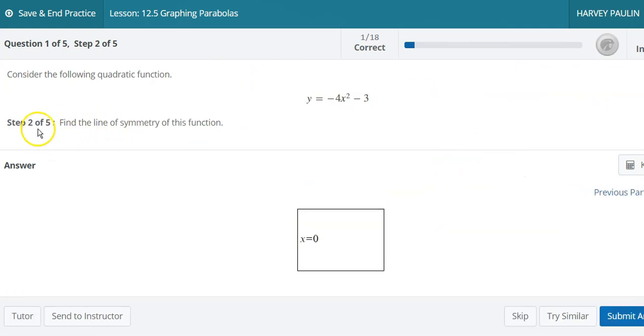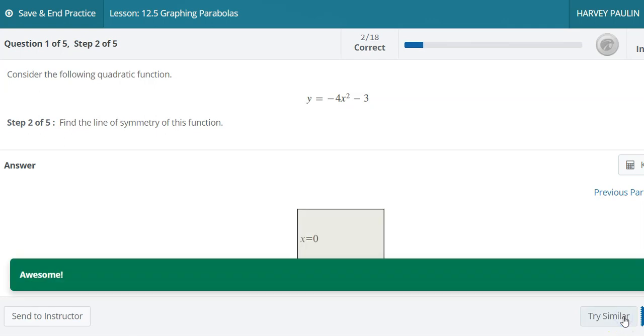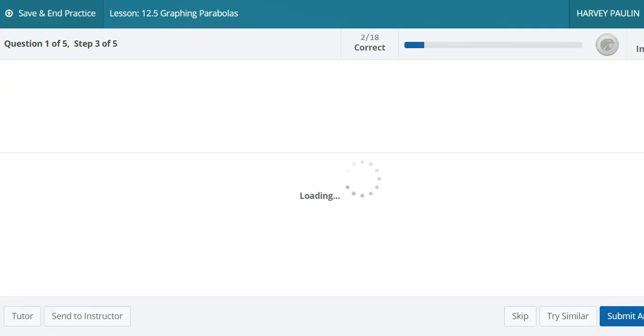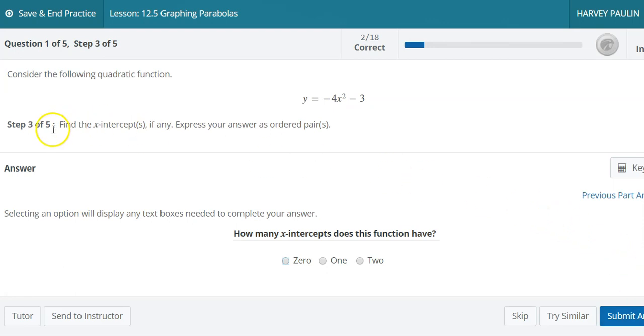So step 2 is to find the axis of symmetry. And we said that whatever in our vertex was in the x position, that's the axis of symmetry. So x equals 0. And we got that right. Now, the next thing, they want us to find the x-intercepts, if any.